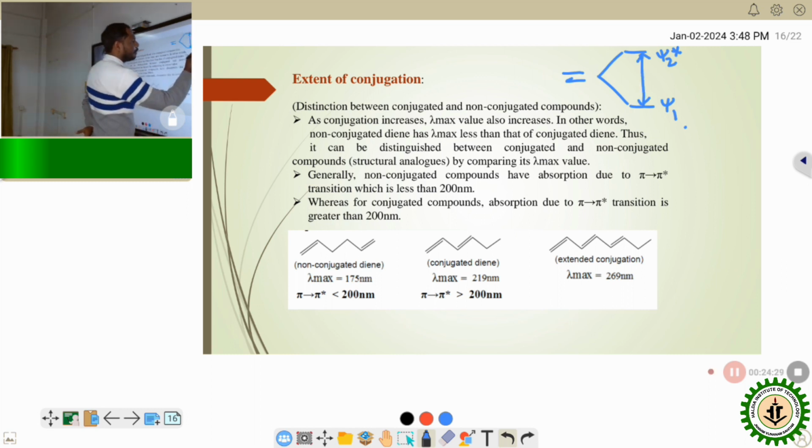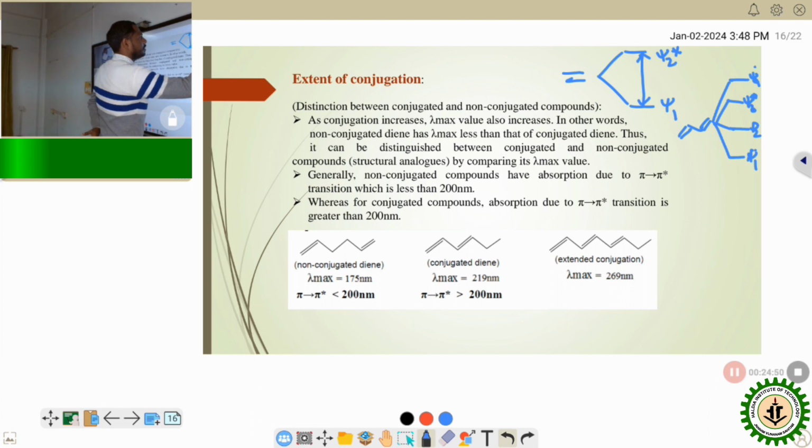But in the butadiene system, 4 energy levels are observed, psi 1, psi 2, psi 3 star and psi 4 star. So the energy gap is reduced. There are 2 electrons.